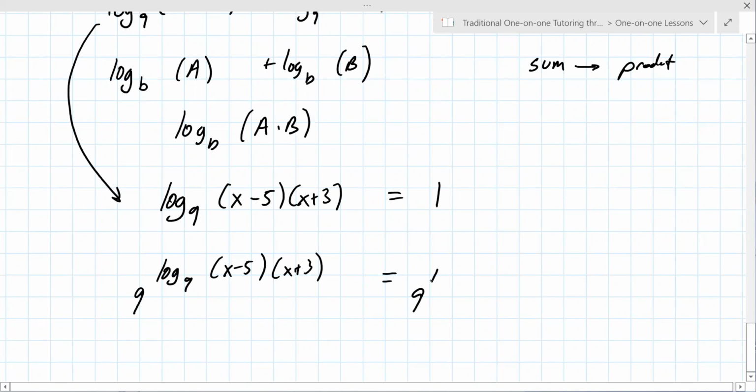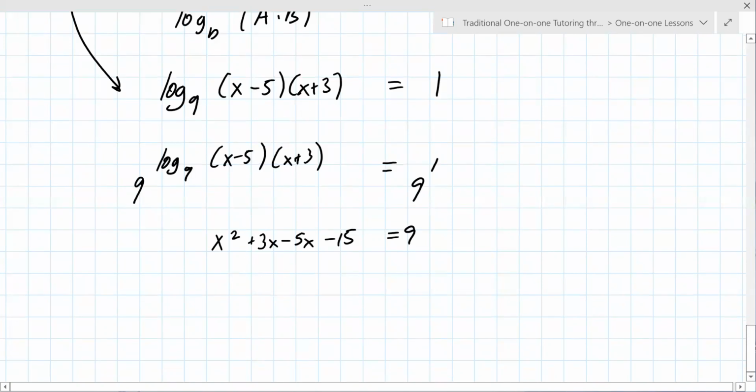Then the 9 and log base 9 cancel out, and you end up having to FOIL this. That's x squared plus 3x minus 5x minus 15 equals 9. Combine your like terms, and then move that 9 over.